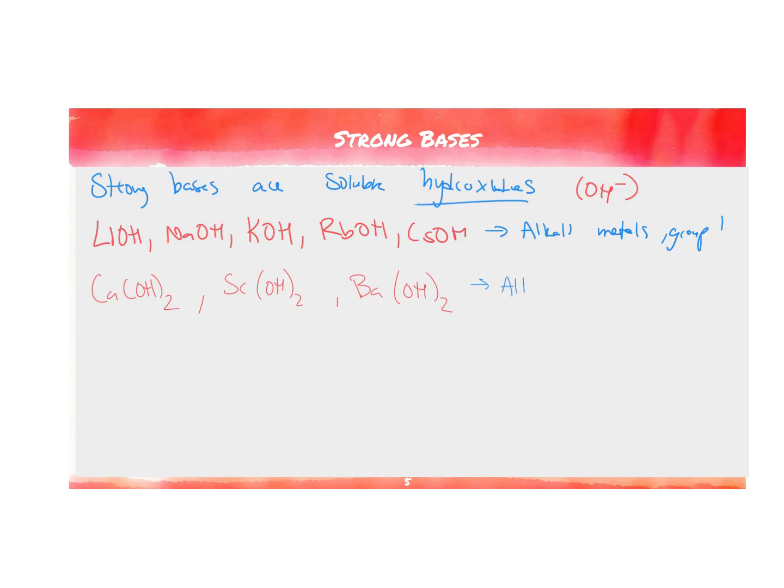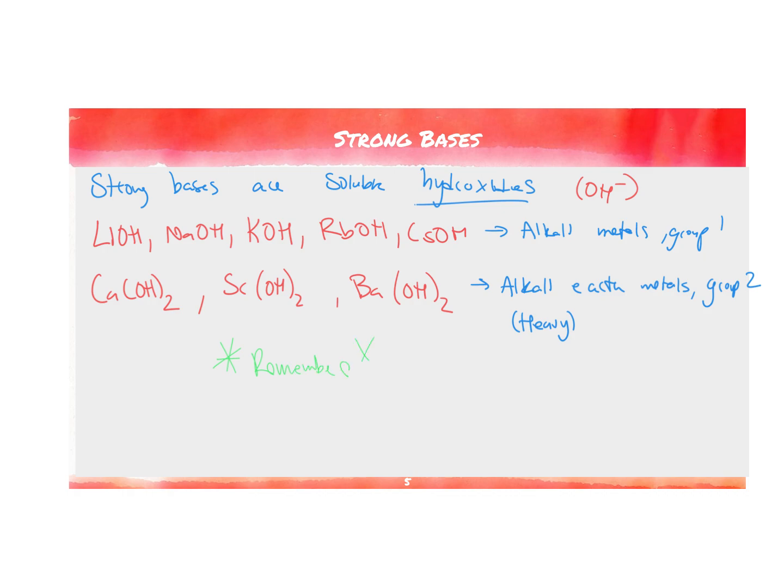And these are the alkaline earth metals, group 2, and specifically the heavy ones, so everything below calcium. So the first two, Be and Mg, beryllium and magnesium, those are not strong bases. But all of these that I have listed here, you must remember.